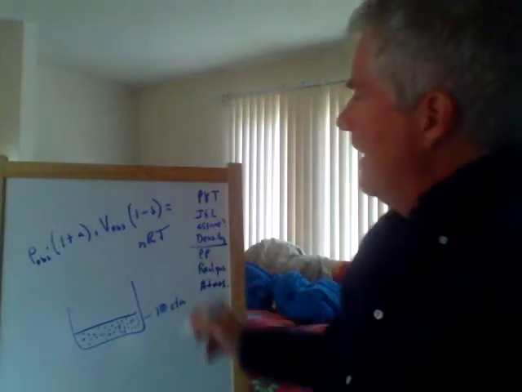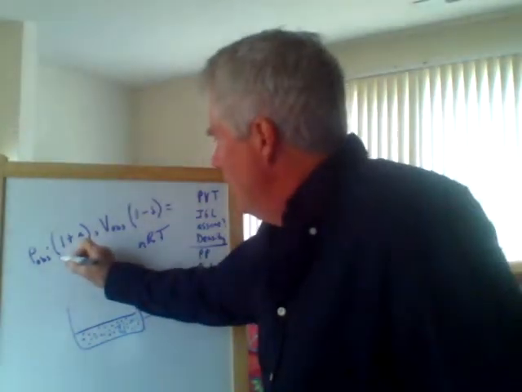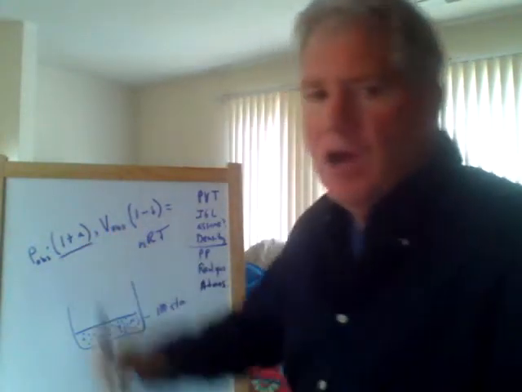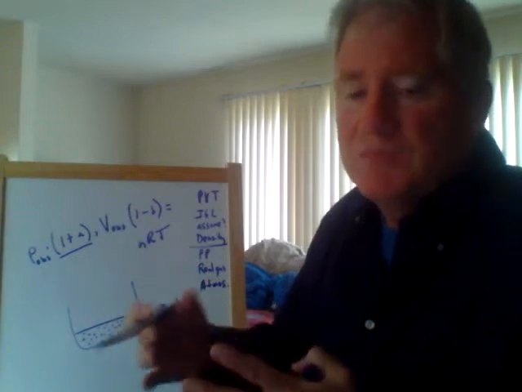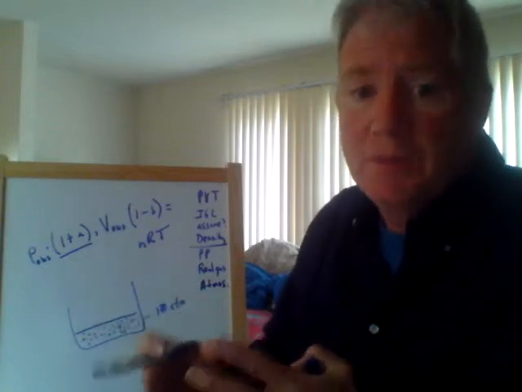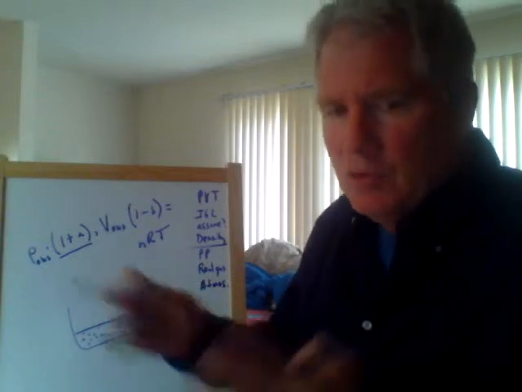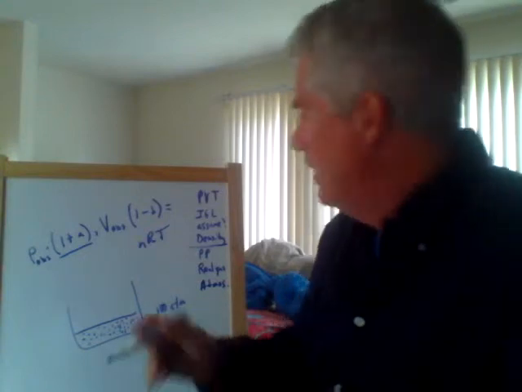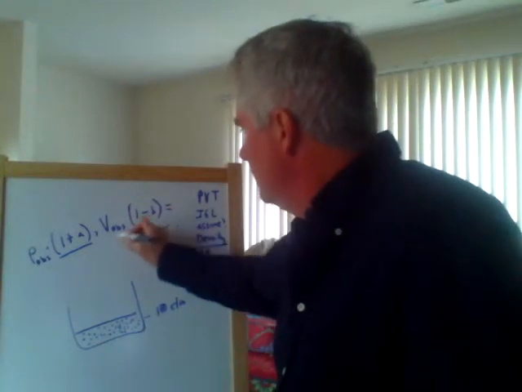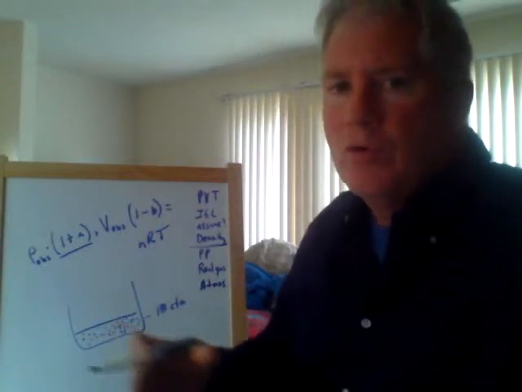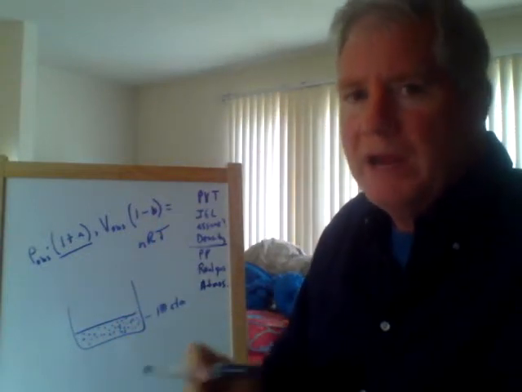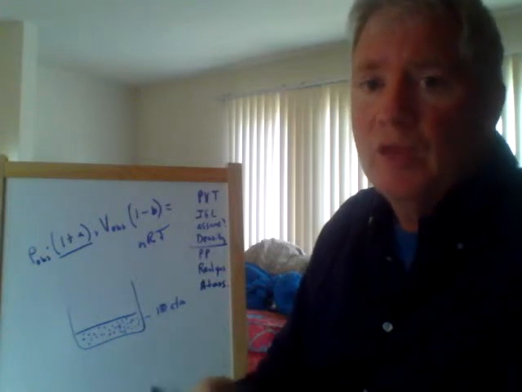So it looks like our ideal gas law, but we adjust the observed pressure up to account for the interactions, essentially the lost pressure due to gas-to-gas interactions, and we adjust the observed volume down to account for the actual volume consumed by the molecules themselves.